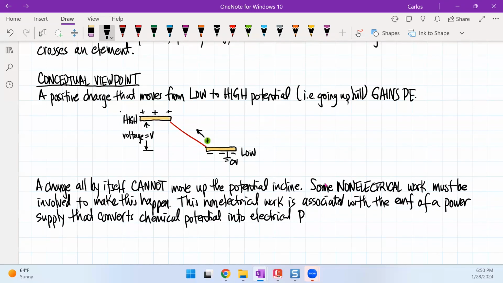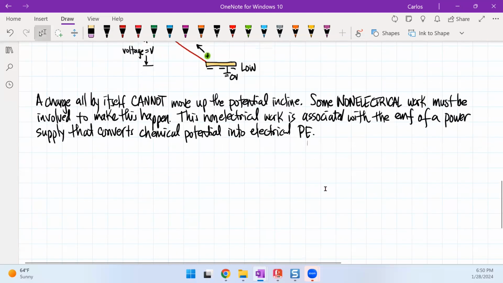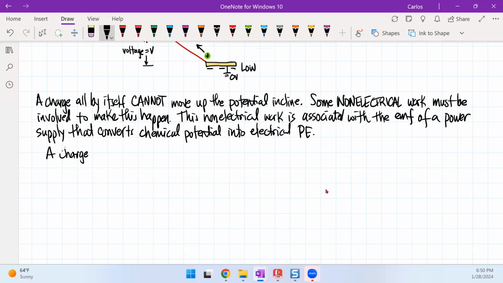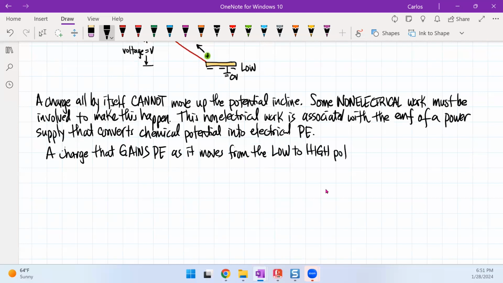electrical potential energy. So very similar to what we said before, a charge that gains potential energy as it moves from the low to the high potential is active.